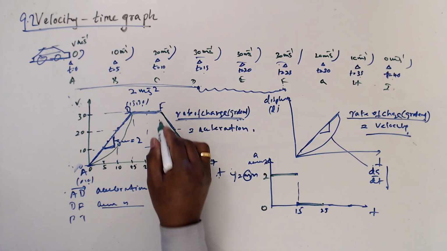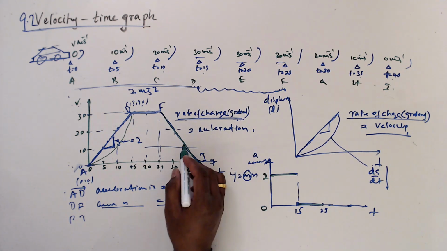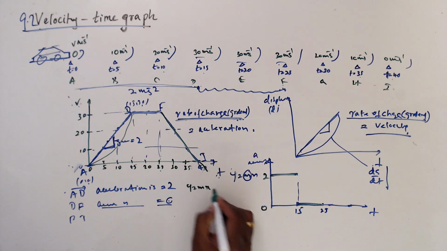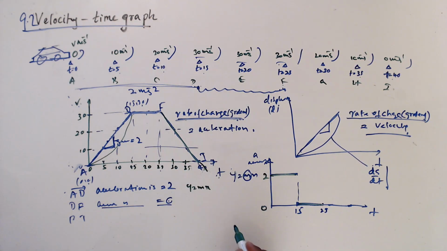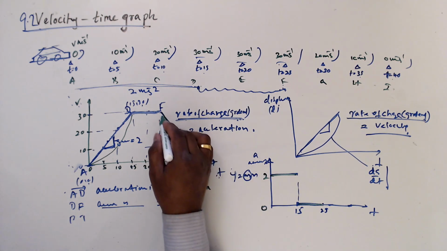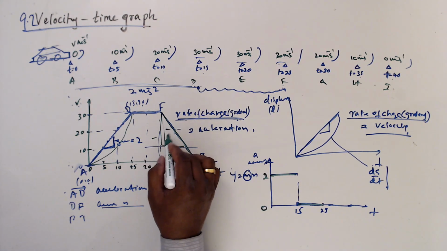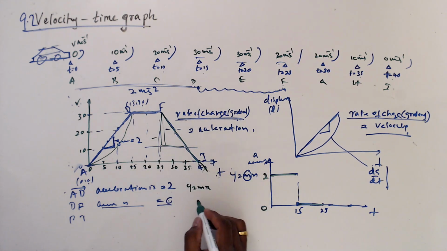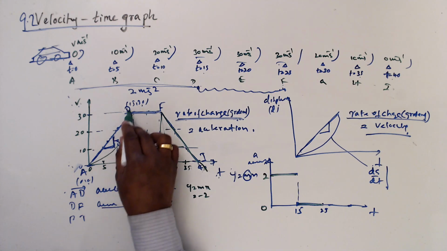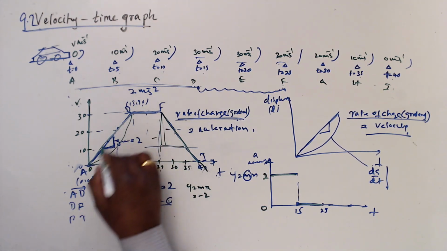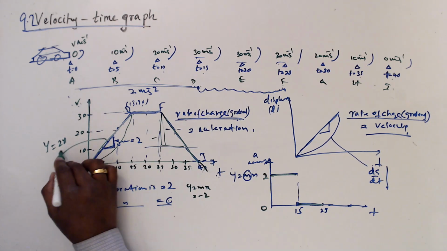If you find the gradient of this one, you will see that this is a y equal mx equation, but it has a negative gradient. So we know that the gradient is going to be minus 2. This is y equal 2x here as an equation.